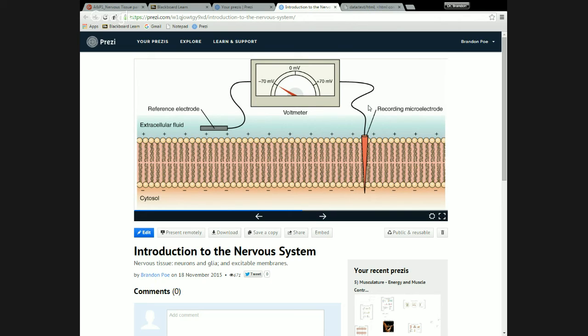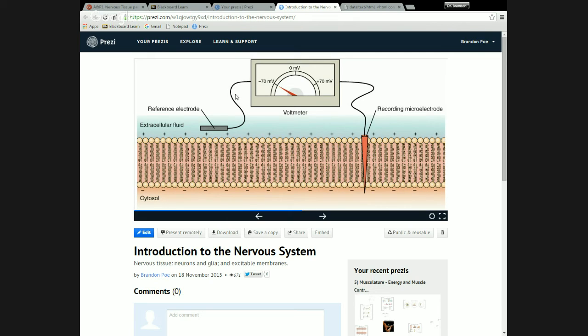So it would be nowhere in the fluid that the cell is existing in, the extracellular fluid. It would pierce the cell membrane and be poking inside the cell, and the other end of it would be way outside the Petri dish. And so the wire coming out of the voltmeter going into that microelectrode needle would essentially be going inside the cell and completely avoiding the outside of the cell.